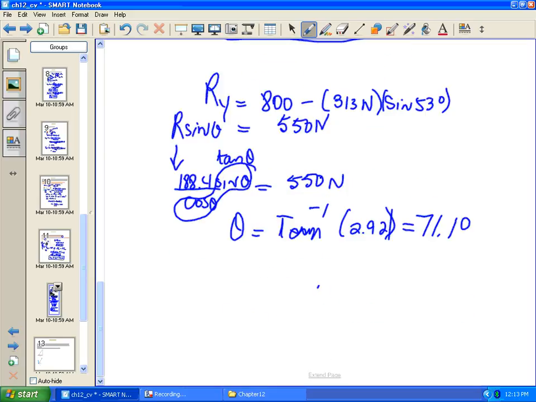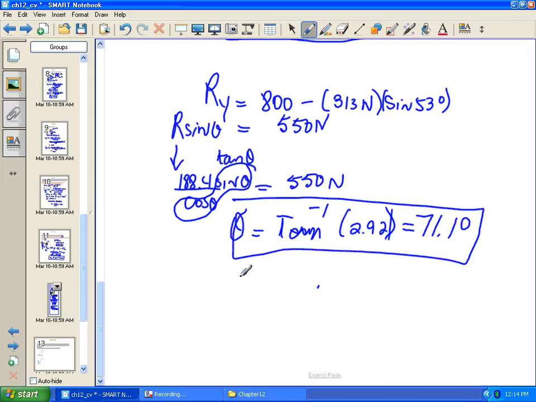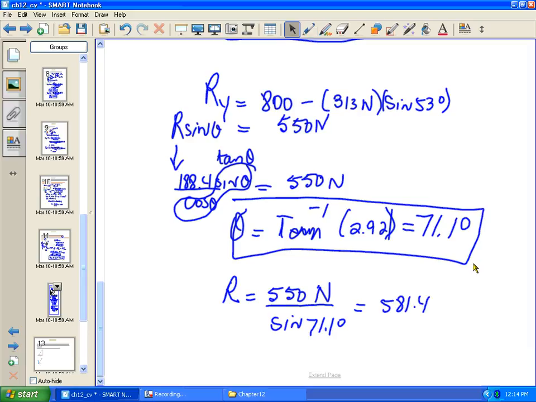So we now have theta, we have T. To get R, just plug in that angle. R equals 550 newtons divided by sine of 71.1, and therefore R is 581.4 newtons.